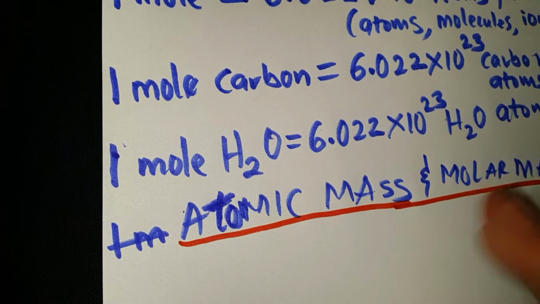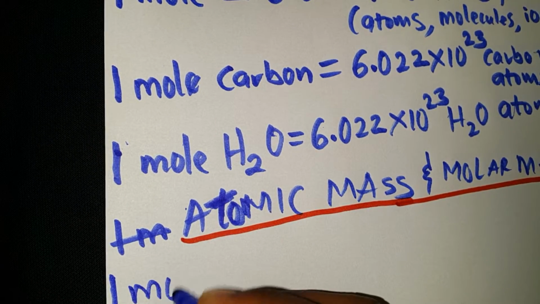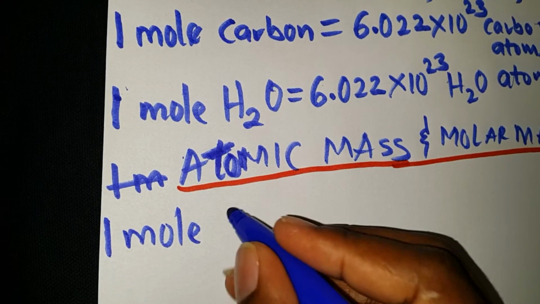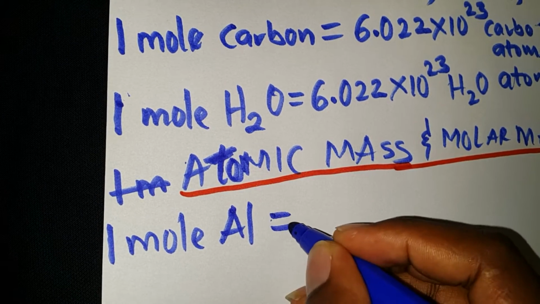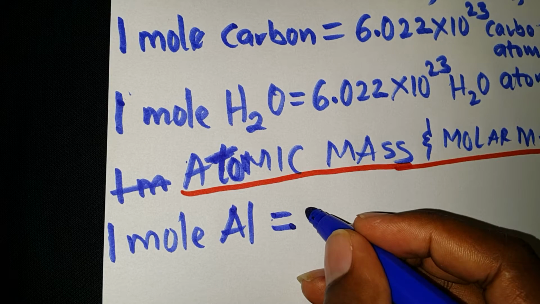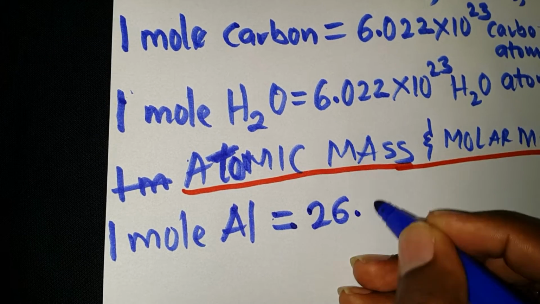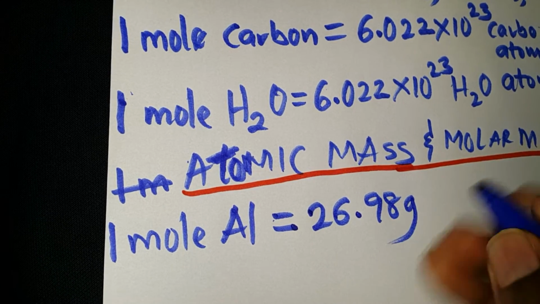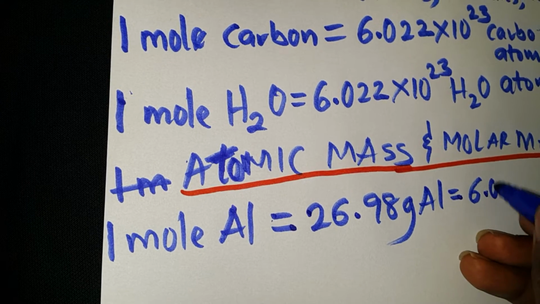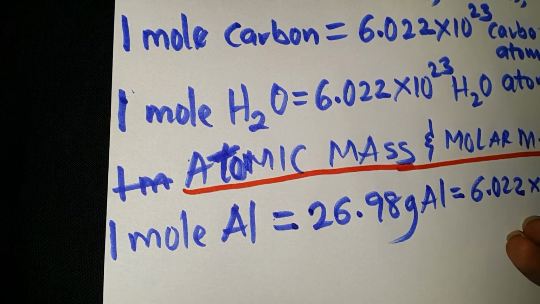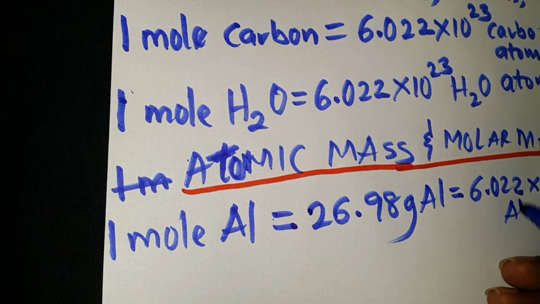So 1 mole of aluminium is equal to 26.98 grams of Al, which is equal to 6.022 multiplied by 10 raised to the power 23 Al atoms.